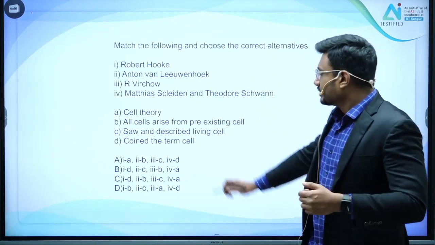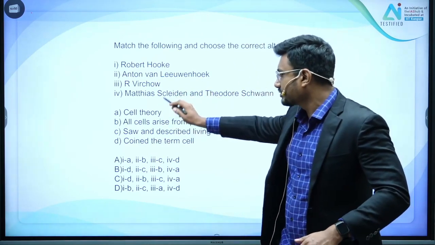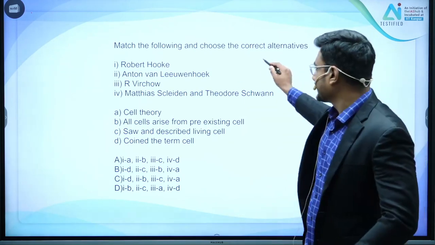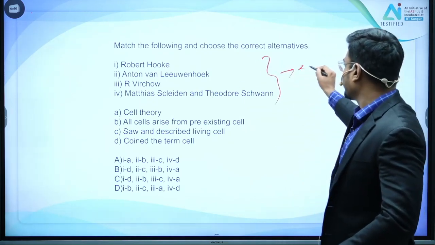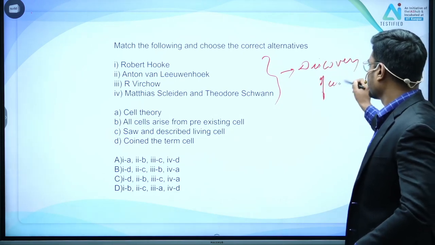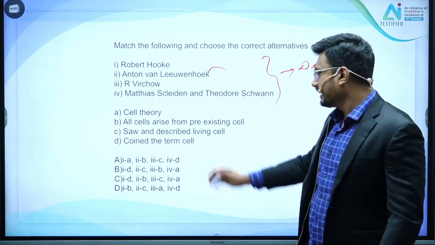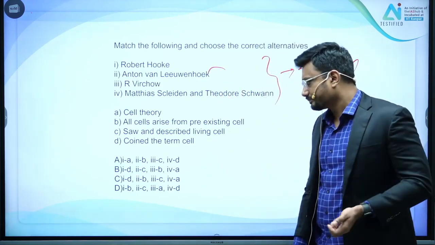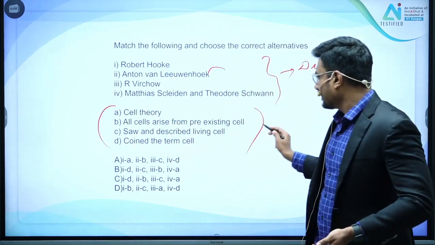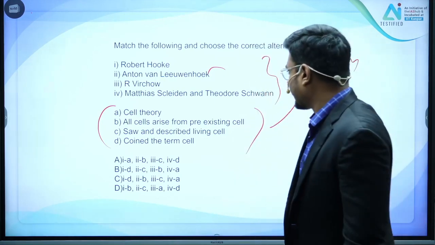Robert Hooke, Anton van Leeuwenhoek, R. Virchow, and Matthias Schleiden and Theodor Schwann are all closely related with the discovery of the cell. These are the findings of all of these scientists. Now let's go through that.